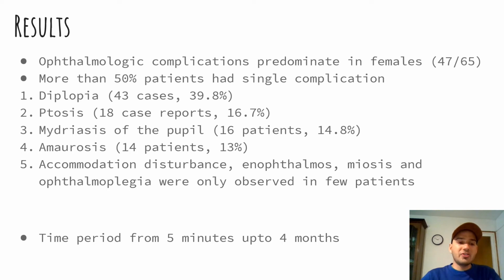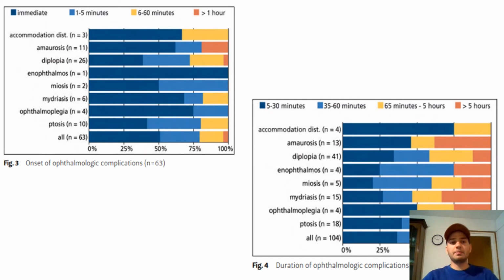These complications actually showed a wide range of time duration, ranging from only 5 minutes to 4 months, as the majority of these complications didn't last longer than 5 hours. Here we have some graphs which represent the onset of ophthalmologic complication and the duration of ophthalmologic complication.